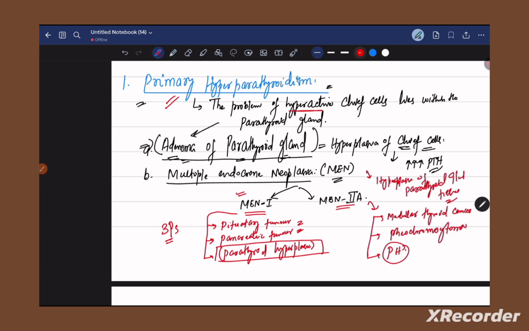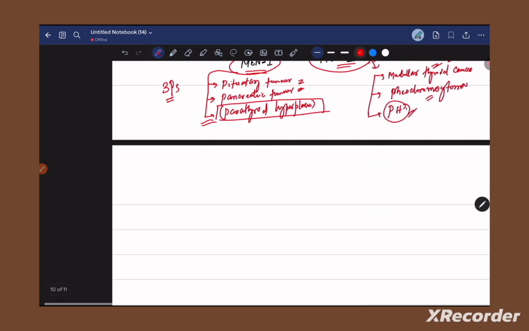The problem lies within the parathyroid gland. What sort of problem? It could be either adenoma of the parathyroid gland or multiple endocrine neoplasias. It could be MEN 1 or MEN 2. MEN 1 is characterized by pituitary tumor, pancreatic tumor, and parathyroid hyperplasia. In MEN 2, it could be medullary thyroid cancer, pheochromocytoma, or parathyroid hyperplasia.